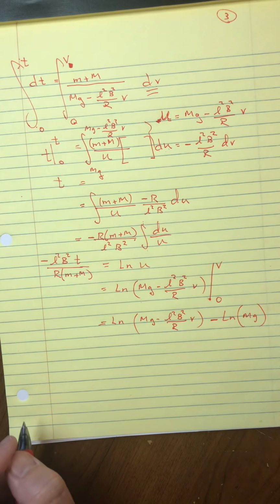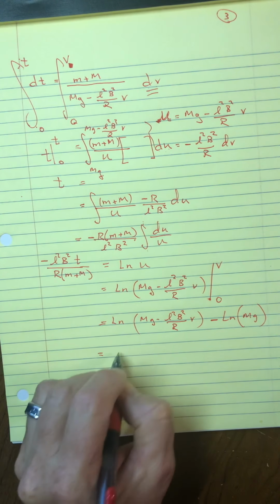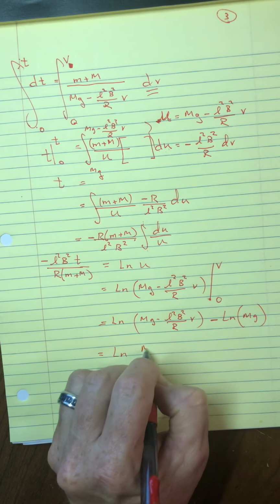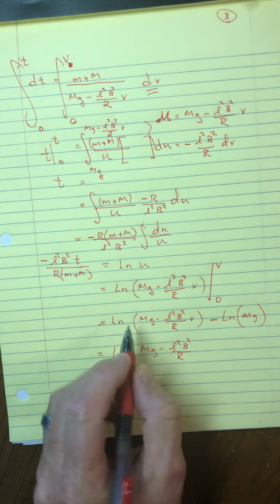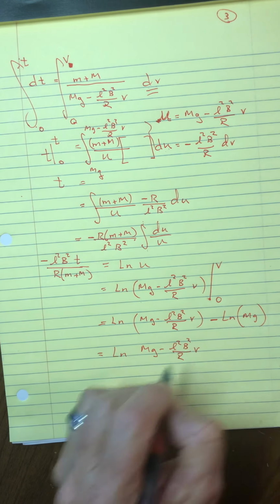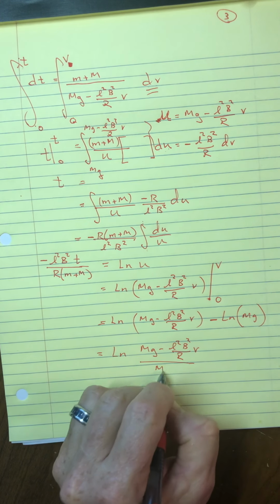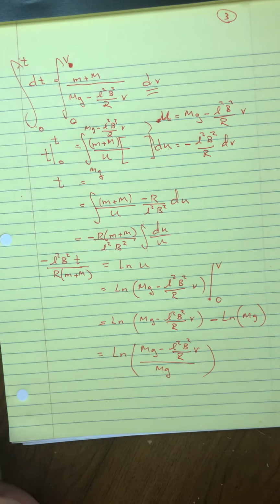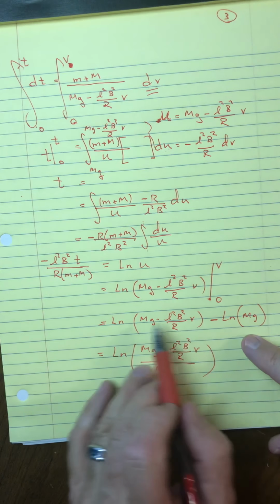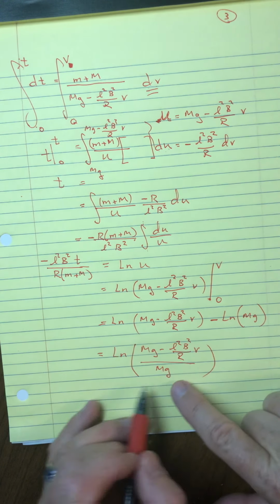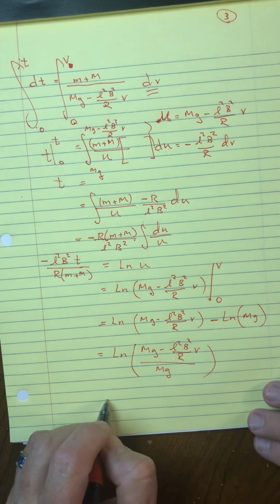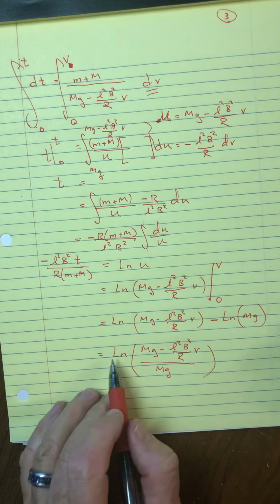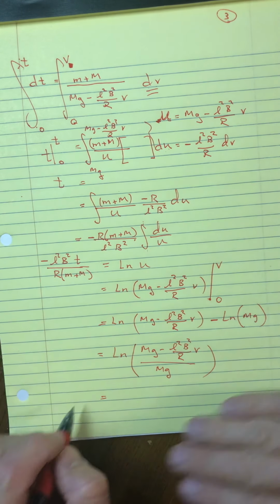mg. And of course, another neat thing about logarithms is a difference is the same as a quotient. So we can take the difference in our logs and write it as a quotient. And now we can get rid of our natural log by raising everything to a power of e.